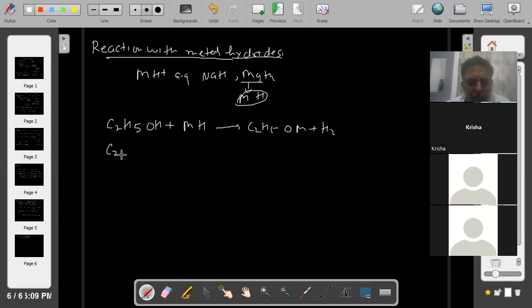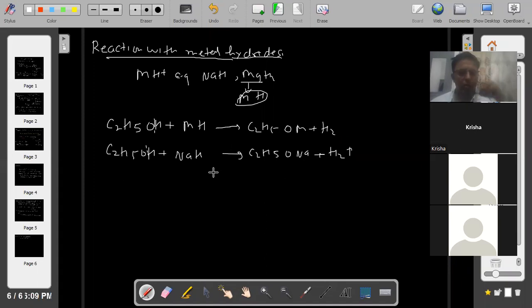Example, C2H5OH and sodium hydride NaH, then you will get C2H5ONa. Here also H is removed. There is the cleavage of H in both cases, Na plus H2 gas released. When metal hydrides or metals react with alcohols, they remove the hydrogen from the oxygen present in alcohols.